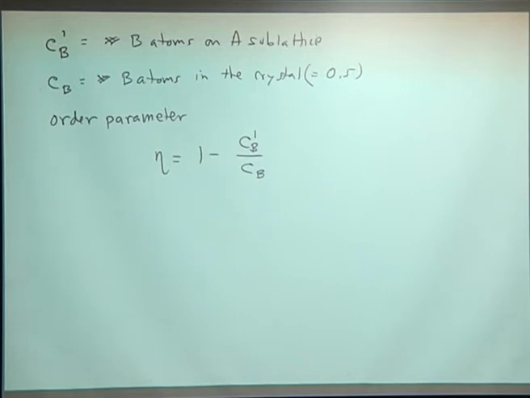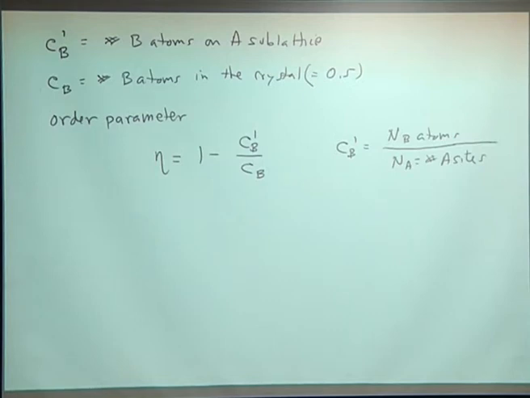And CB1 is equal to the number of B atoms on the A sublattice over the number of A sites.